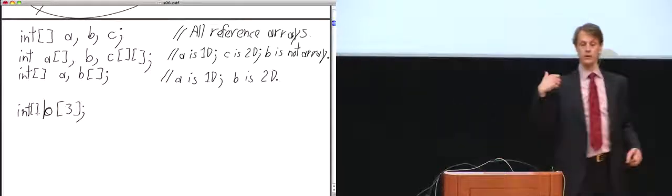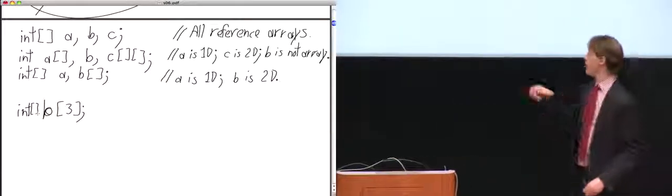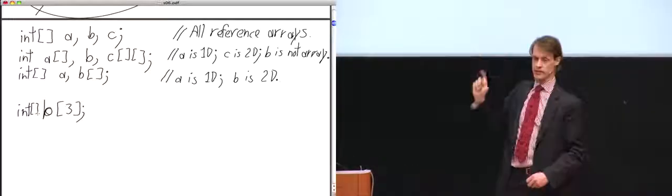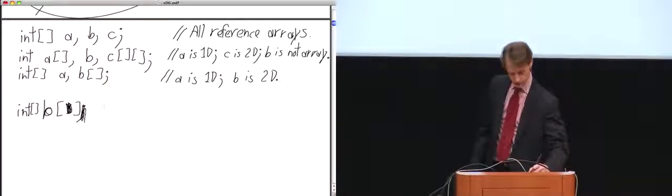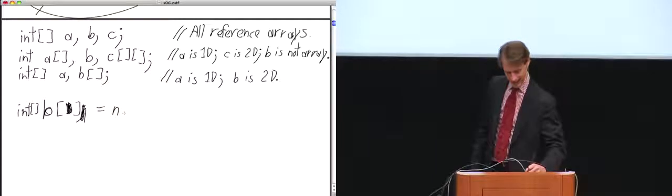Okay. So you can't do that, actually, because Java doesn't let you put the number in the declaration, the part where you're declaring the type. So you can't have a number here. What you can do is you can have a number when you actually allocate the array.